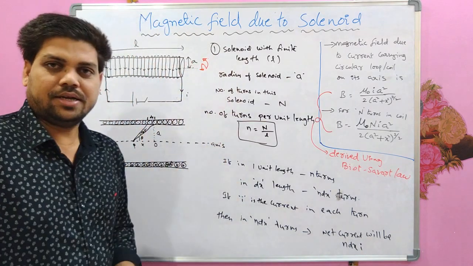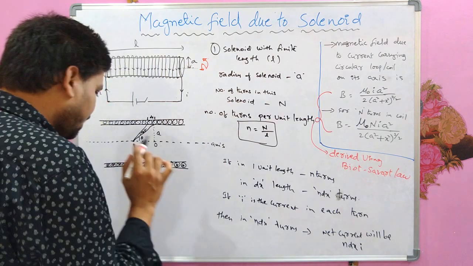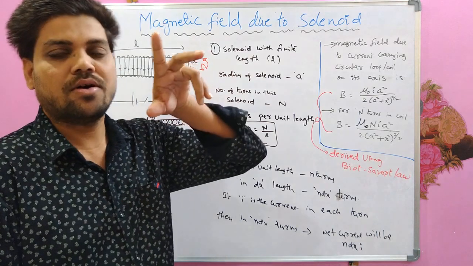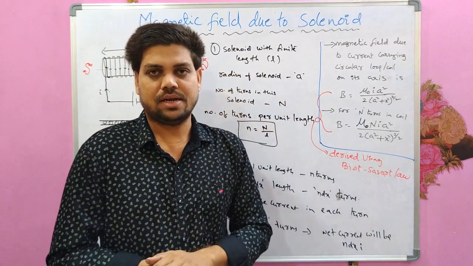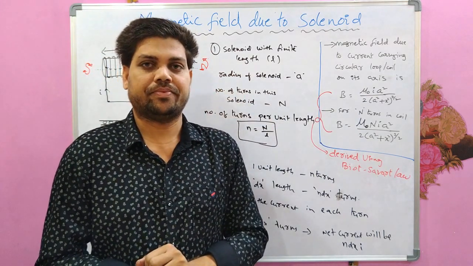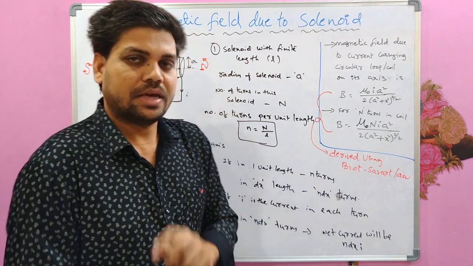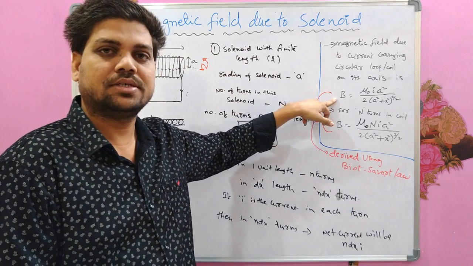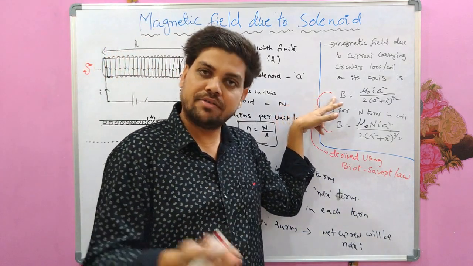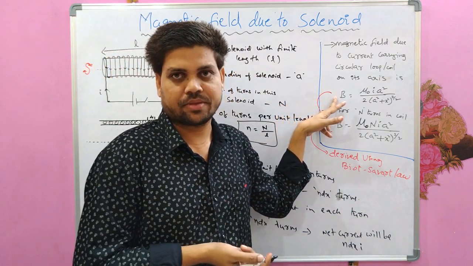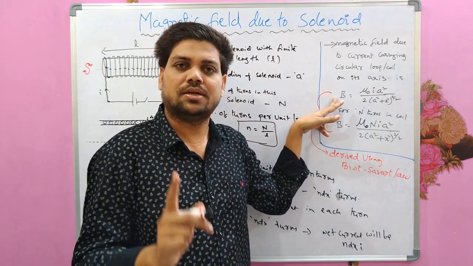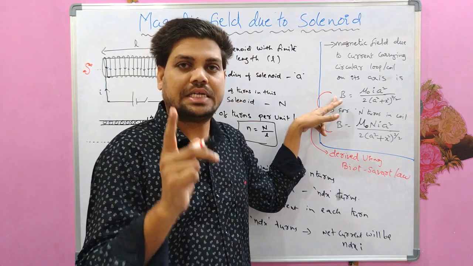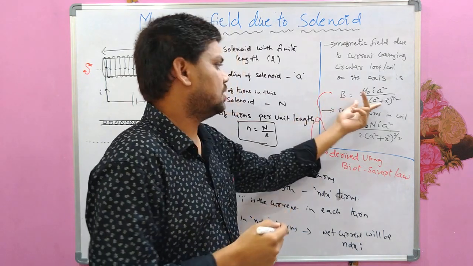And we know that the magnetic field produced on the axis of a circular coil or circular loop is this. This we have derived in one of our previous video lectures. If you have not watched it, please do watch it so that you will get an understanding how we have got this formula.